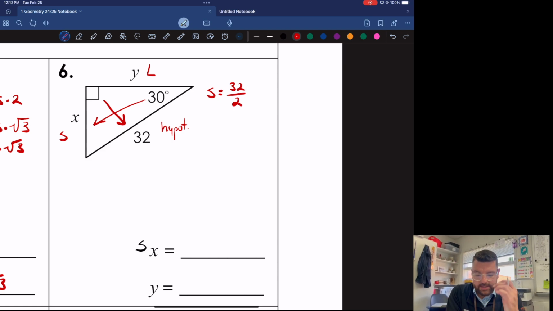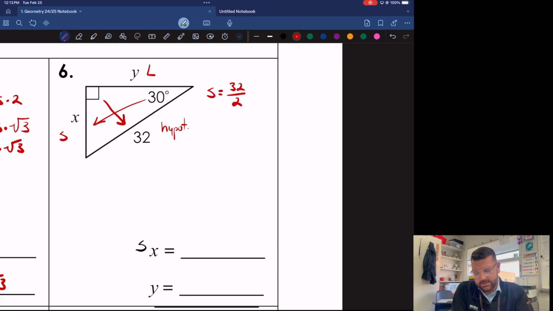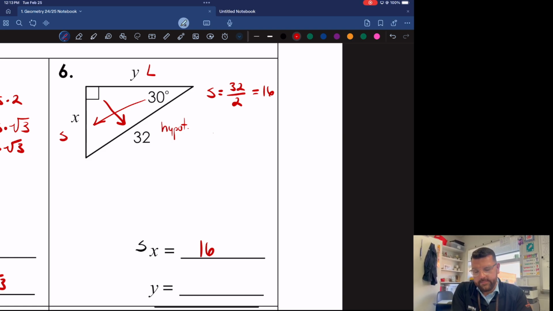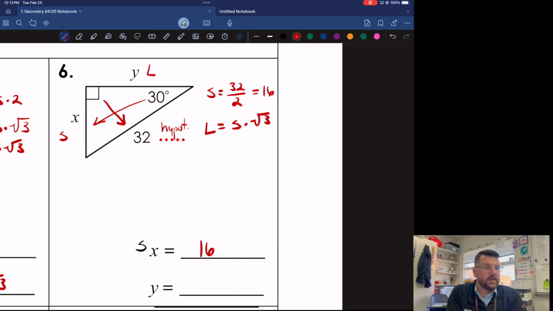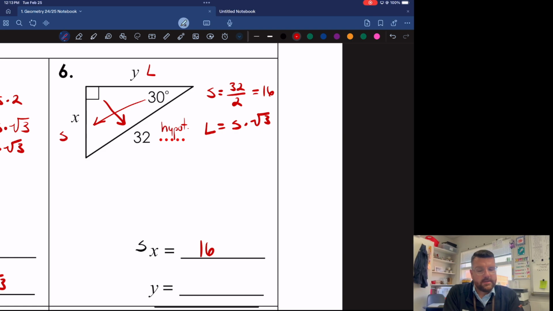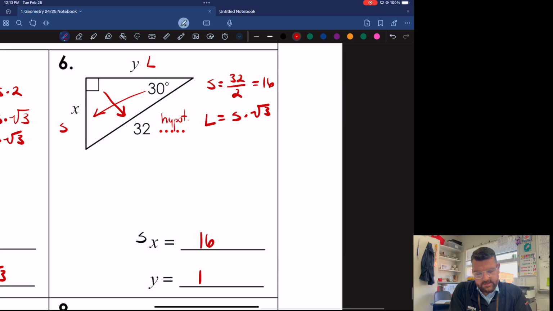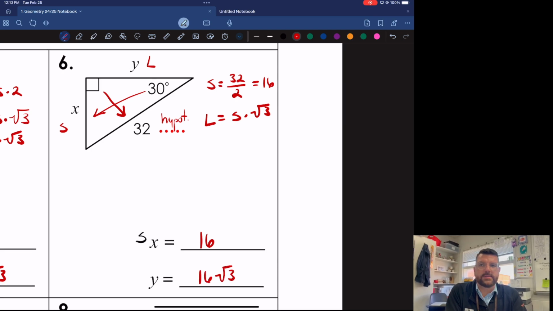So what is 32 divided by 2? So my short side equals 16. The long side said to take the short side and multiply it by the root of 3. What is my short side again? Times the root of 3 gives me 16 square root of 3. Good job.